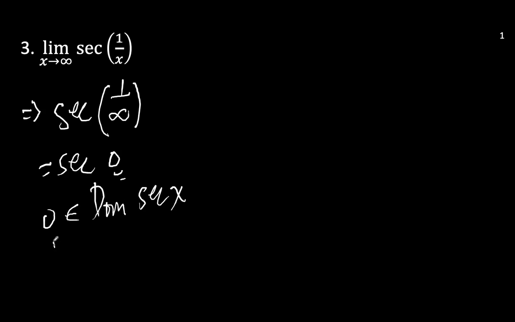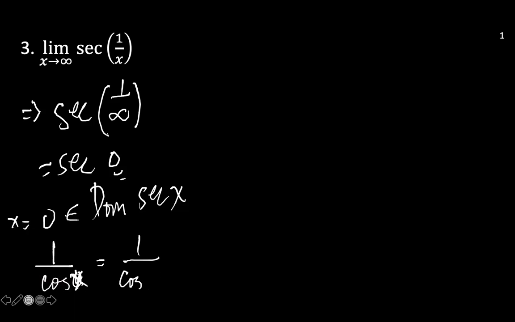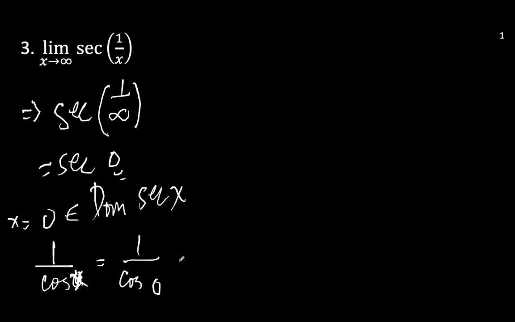Now let's check if 0 is an element of the domain of secant x. We know that secant is 1 over cosine x. And if x is equal to 0, then we have cosine 0, so this is 1 over cosine 0, which is 1 over 1, which is equal to 1.